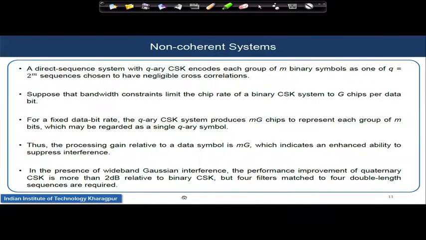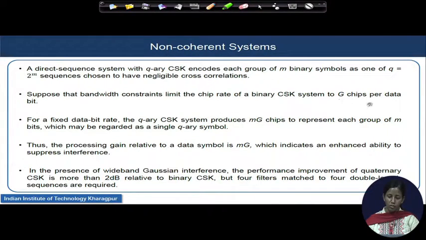Now, another extension of this understanding is with Q-ary CSK encoders, where from each group of m binary symbols, one of the Q equal to 2 to the power m sequences is chosen, and those sequences should have very negligible cross-correlation values for Q-ary CSK transmission. Suppose a bandwidth constraint limits the chip rate of this binary CSK system to G chips per data bit.